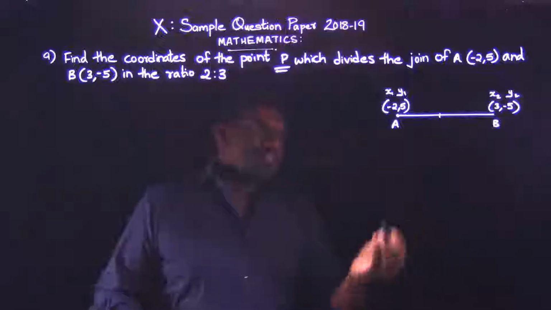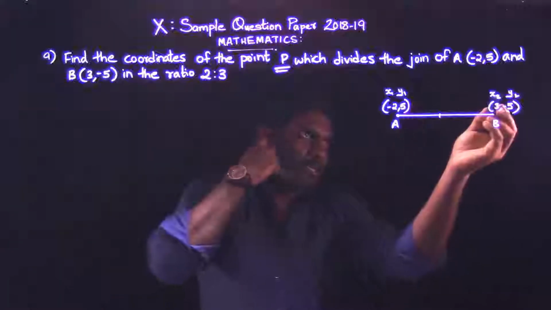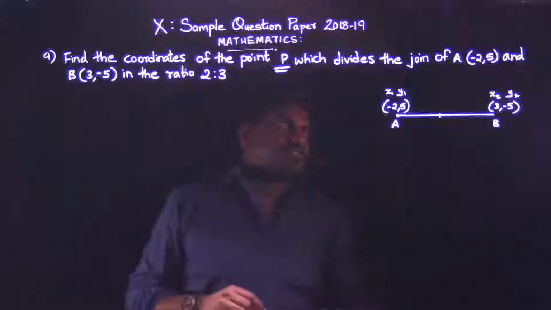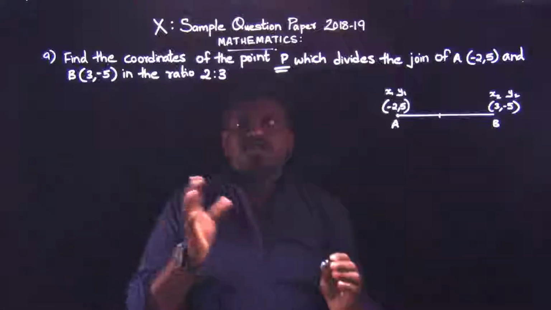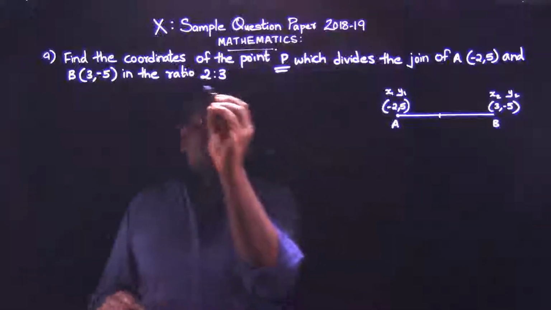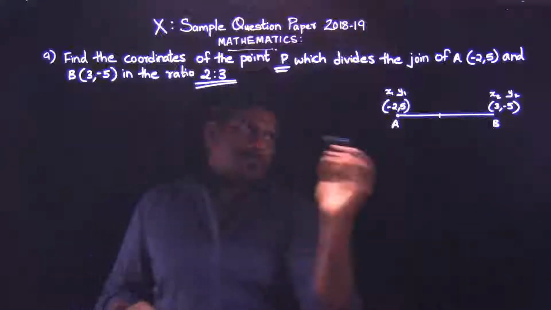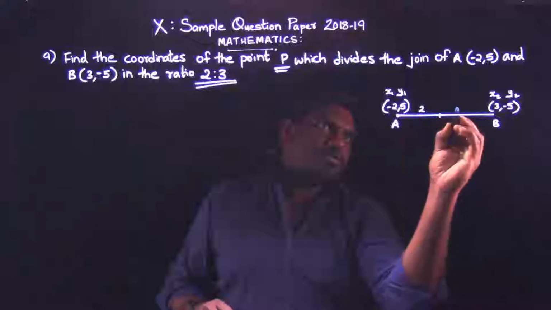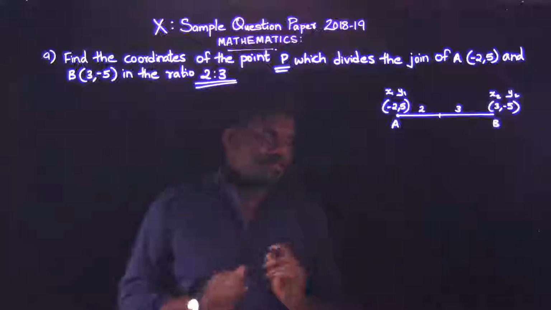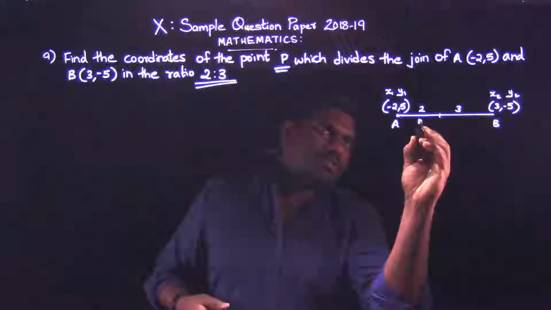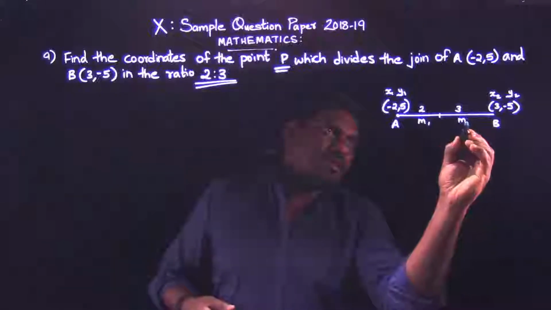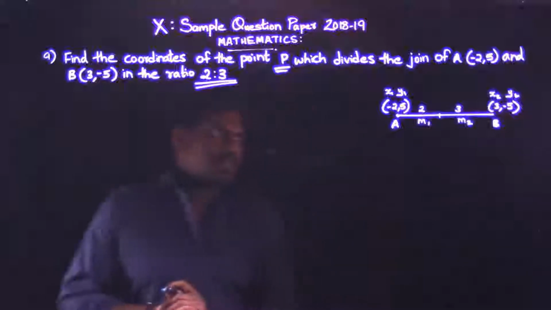We already discussed that in the midpoint, you add x1 plus x2 by 2. But here it's not the midpoint, it divides in a particular ratio, 2 is to 3. So normally we take this one as m1 and this one as m2.